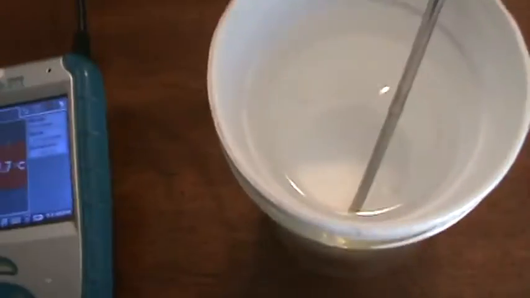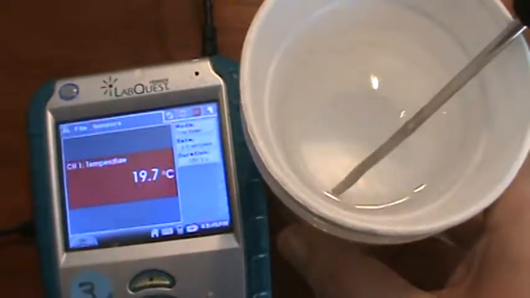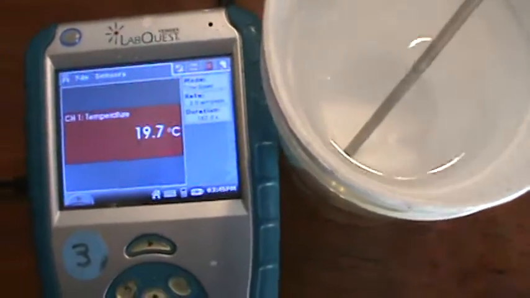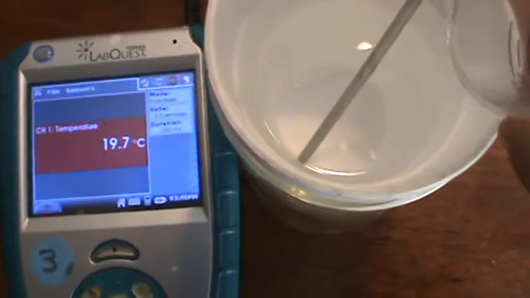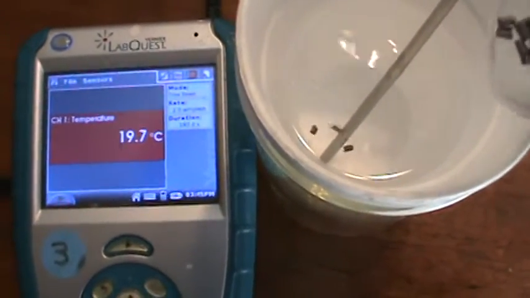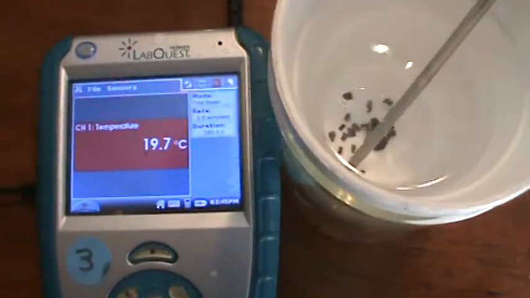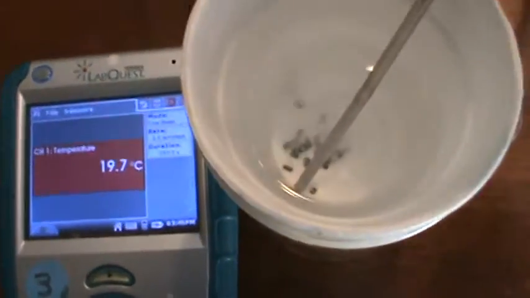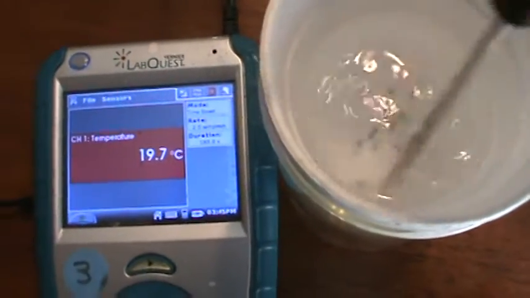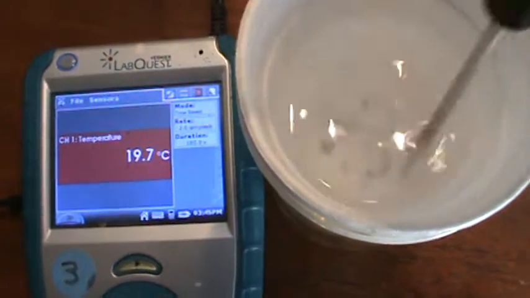Okay, and now I'll move this closer so that you can continue to see both of them. And let's see what happens when we add magnesium. And it's just a little bit of magnesium. And I'm going to add all of it at once, because that won't bubble over. And this might take a minute.